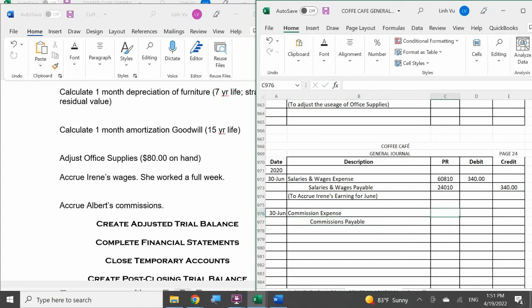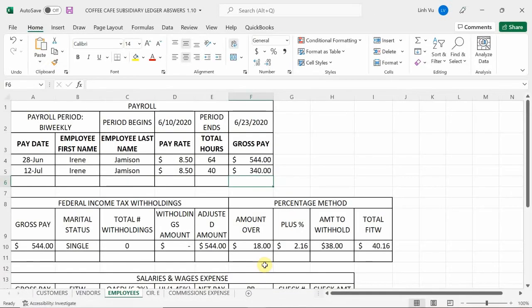So expense was 6820, and this was 2420. So let's go ahead and go into my subsidiary once again, because I have my commissions here.